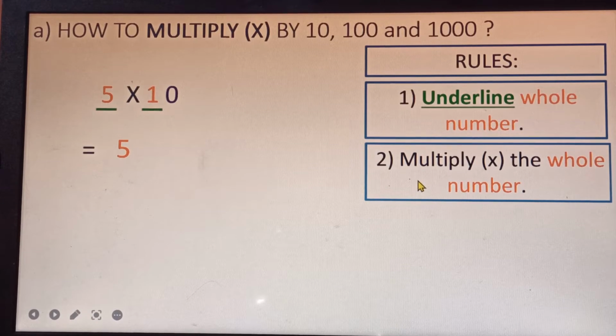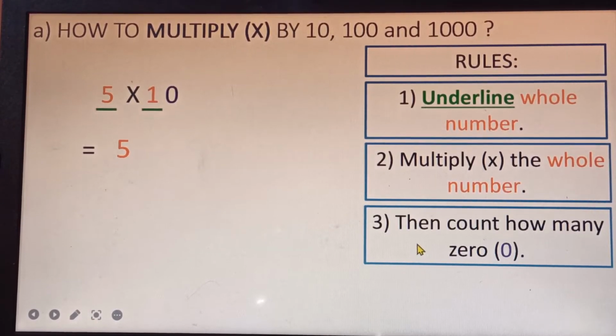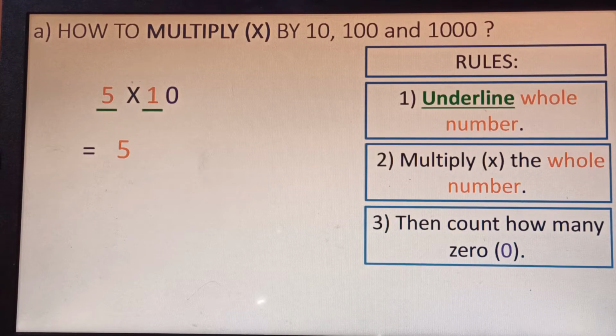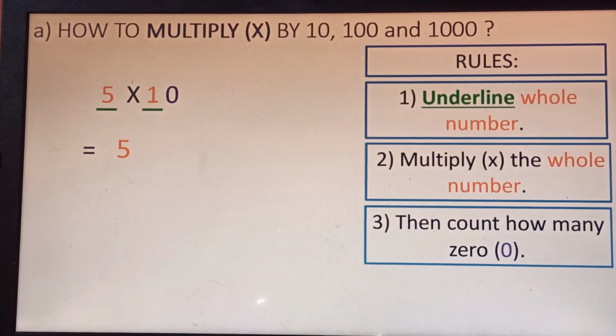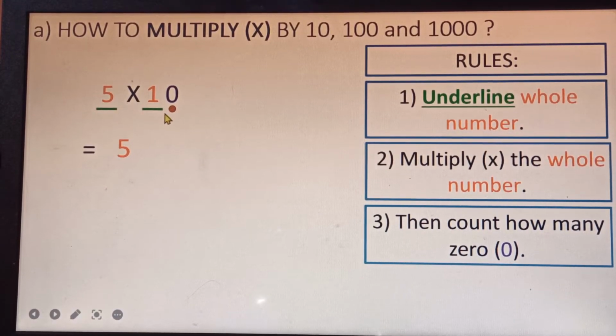The third step: count how many 0. Artinya kira berapa biji 0 ada di dalam soalan ni. Here we see 1, so I put a dot below, menunjukkan ada 1 zero di sana.